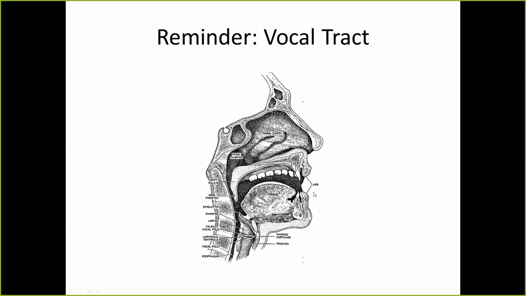So anything between the lips all the way down to the laryngeal area here. We really can't close off our trachea, heading to the lungs, not voluntarily, and it's a bad thing when that happens. So normally we're going to just think of the vocal tract most of the time as between the lips and the larynx.